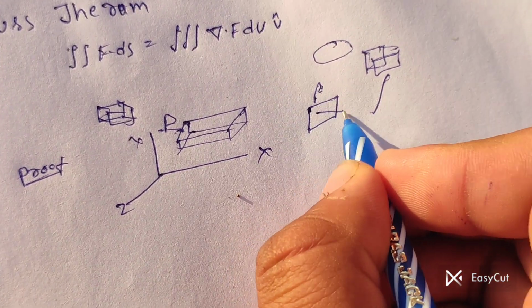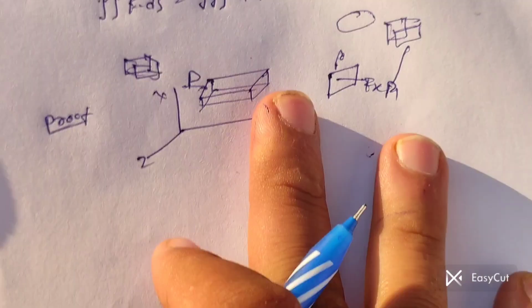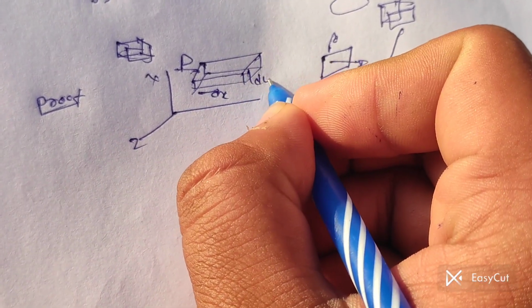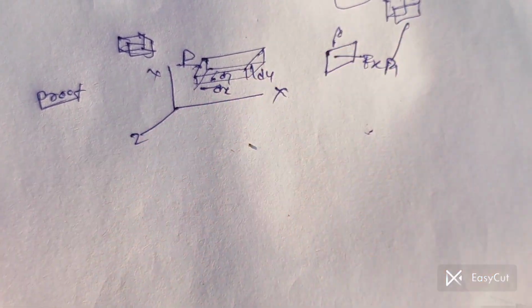The flux is Fx at point P1, the length is dx, this length is dy, and this length is dz.